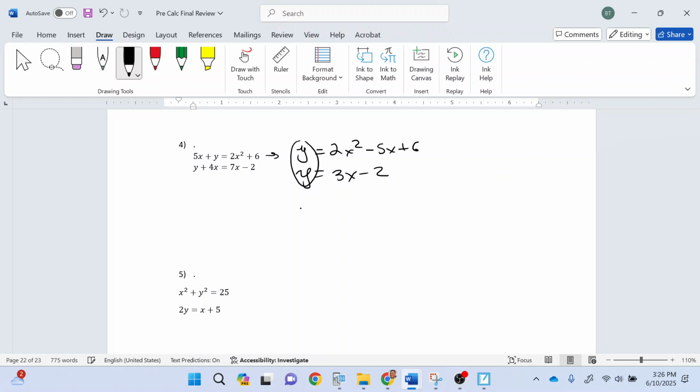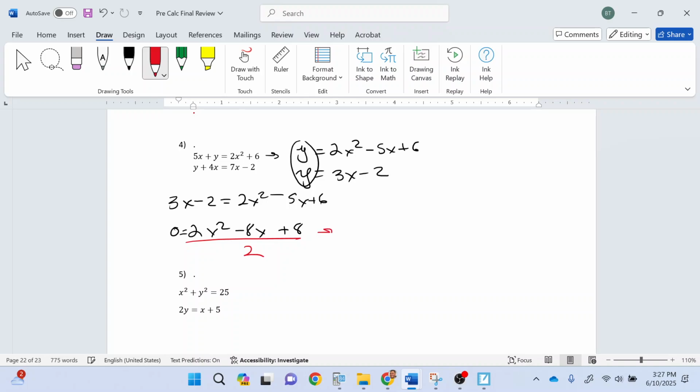Again, they're both equal to y, so now I can set them equal to each other. 3x minus 2 equals 2x squared minus 5x plus 6. A little bit of algebra. 0 equals 2x squared minus 8x plus 8. I could divide everything by 2 to make my life easier. So it's going to be 0 equals x squared minus 4x plus 4.